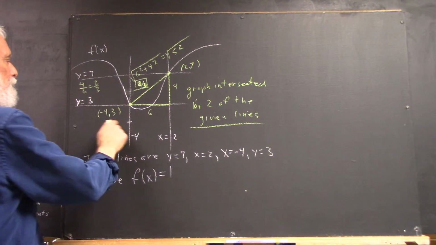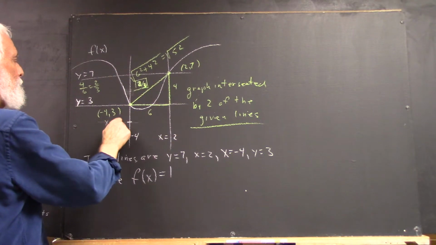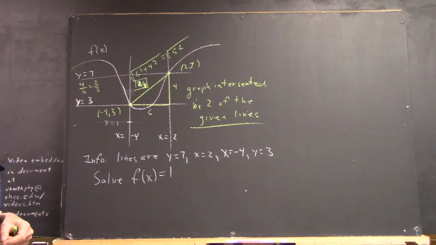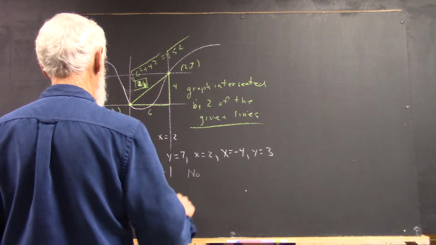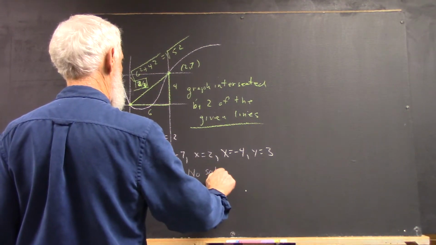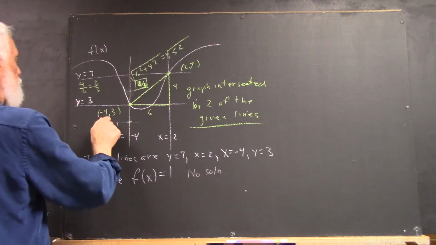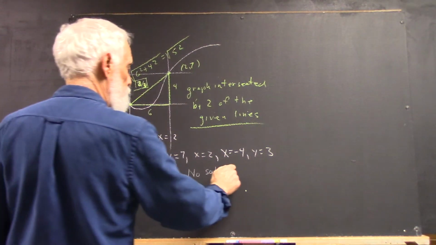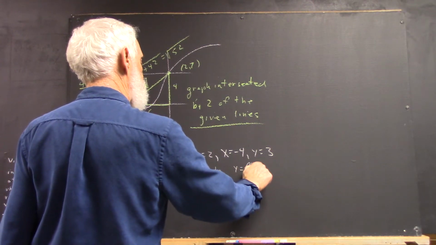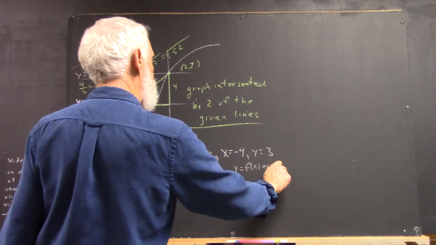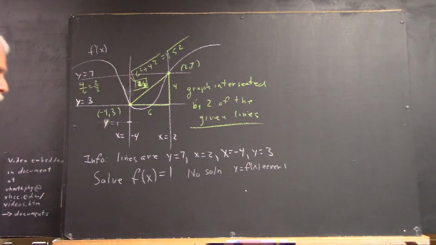That's not on the function at all. Here x equals 1, the graph never hits it. That's y equals 1, not x equals 1. No solution. y equals f of x is never 1, right?